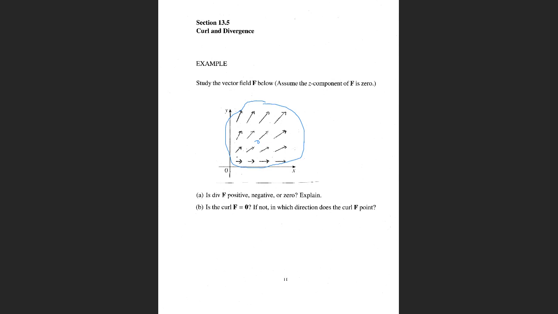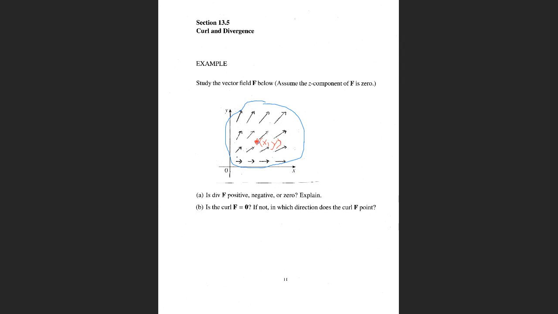Maybe I'll put it in red. If you pick some point in the field, in this case the point xy, what do the vectors do as you move away from that point in the positive x, positive y direction?